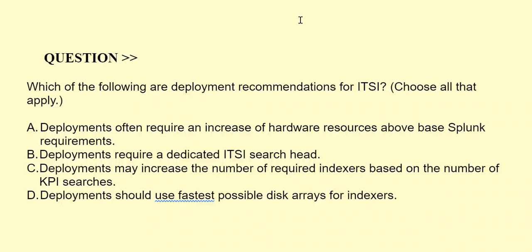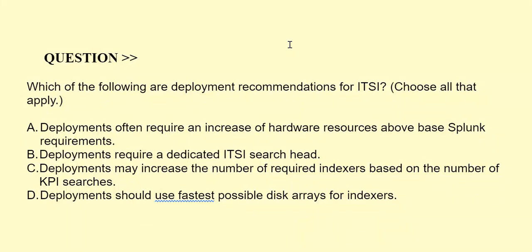Our next question is, which of the following are deployment recommendations for ITSI? Choose all that apply. Option A, deployments often require an increase in hardware resources above base Splunk requirements. Option B, deployments require a dedicated ITSI search head.